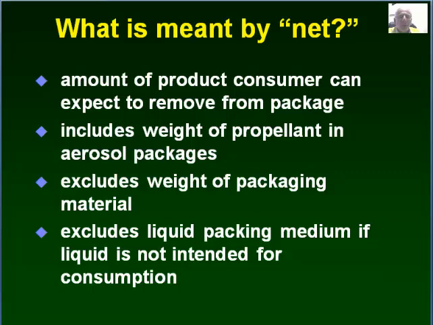And it excludes the liquid packing medium if the liquid is not intended for consumption. I think a good example here might be olives, because most of us will eat the olives, but we certainly do not consume the liquid brine that the olives are in.